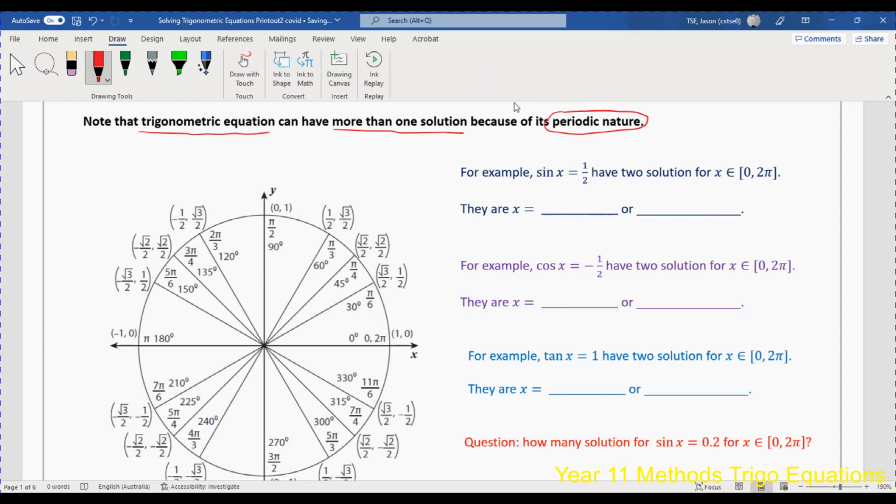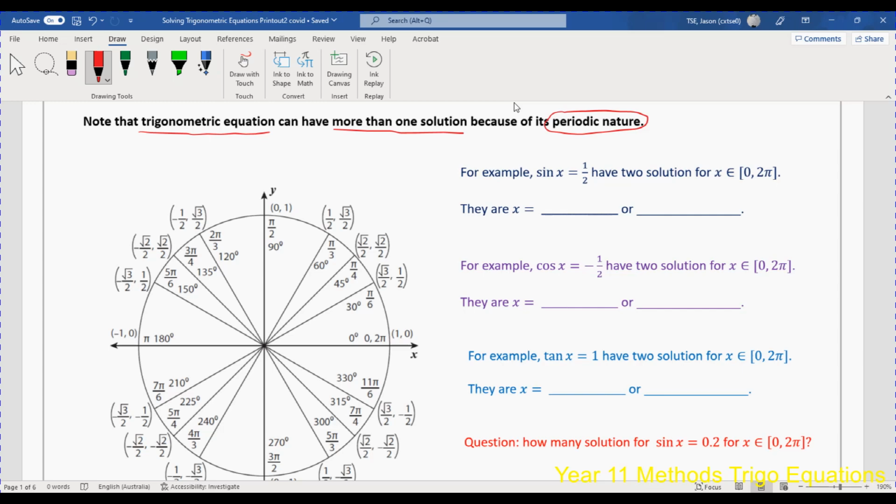We all understand periodic nature, because all trigonometry functions have their own period. Right now we are learning the sine curve and the cosine curve. Both have a period equal to 2 pi, or 360 degrees, right?